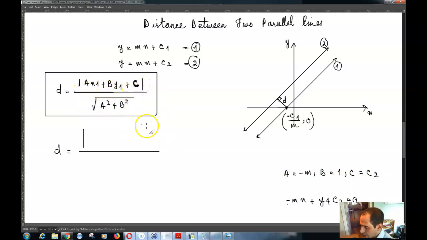So I write this as a times, which is negative m, times x1, which is negative c1 by m, plus b times, and b is equal to 1, times y1, which is equal to 0, so I don't have to write that, and c over here is equal to c2.